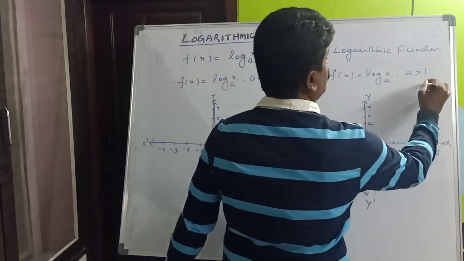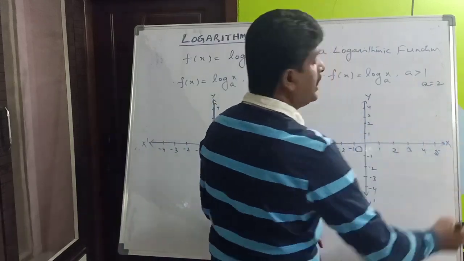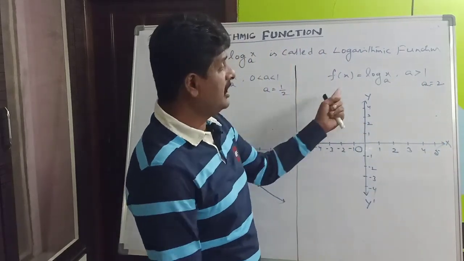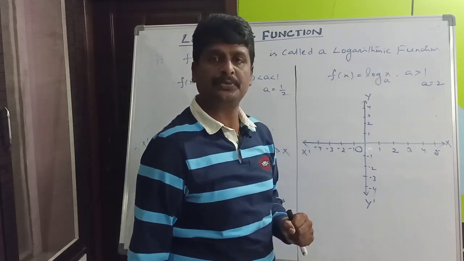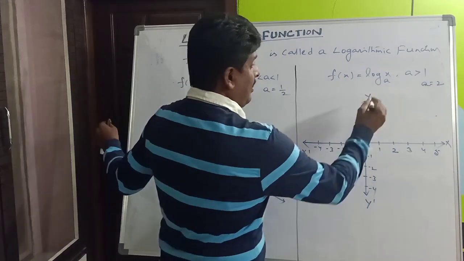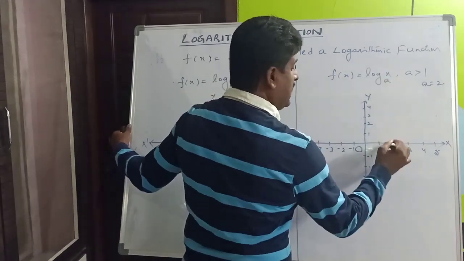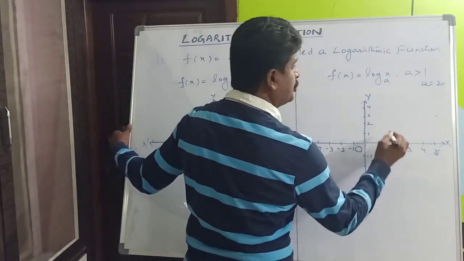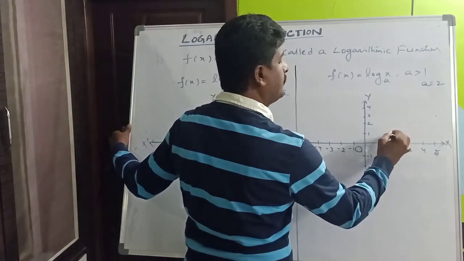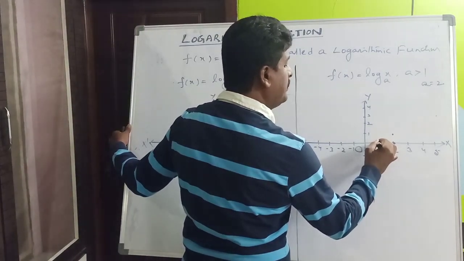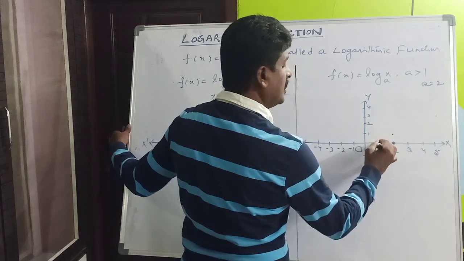For example, put a is equal to 2. Whenever a is equal to 2, it becomes f of x is equal to log x base 2. As we consider x is equal to 2, it becomes log 2 base 2. Log 2 base 2 value is 1. And log 1 base 2 value is 0.